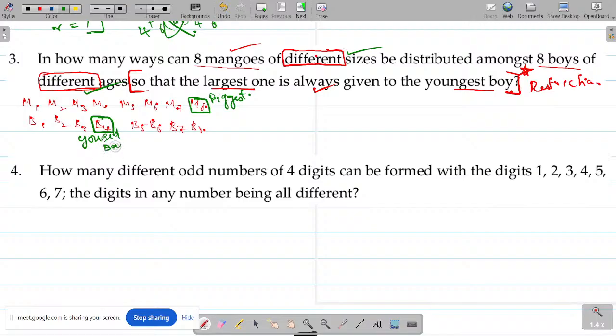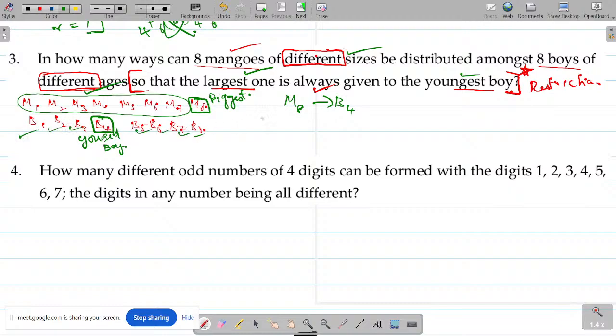The question says that the largest one is always given to the youngest boy. So this mango M8 will definitely be given to whom? B4. So leaving M8, now I have to distribute the 7 mangoes to the remaining 7 boys.